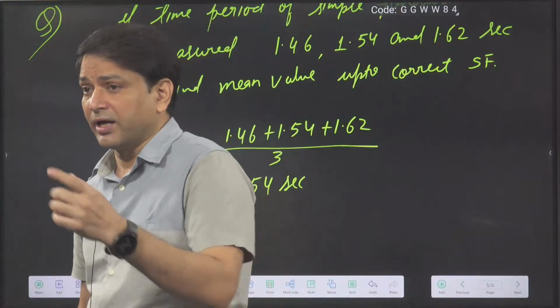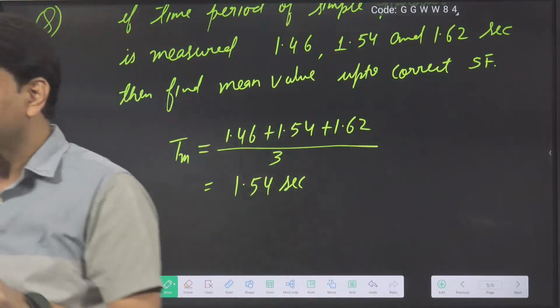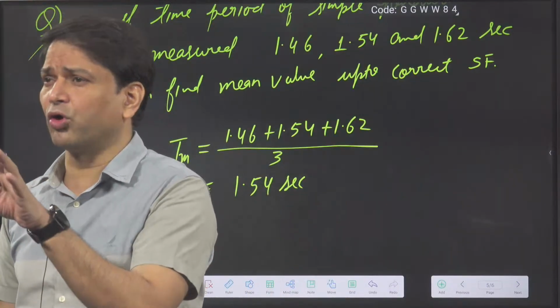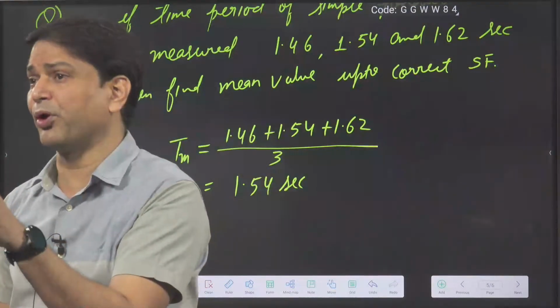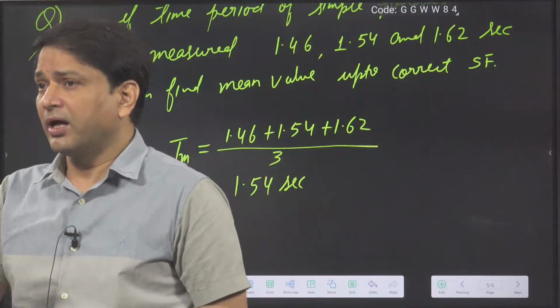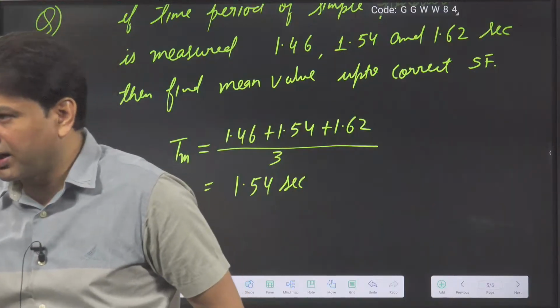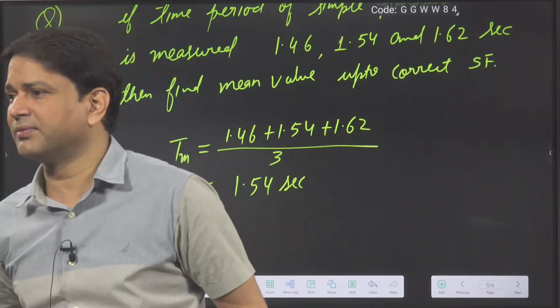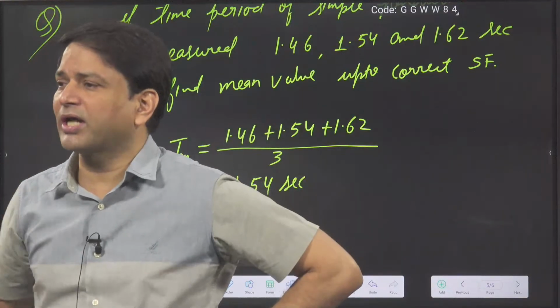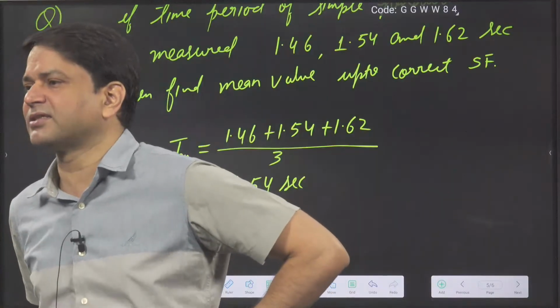If you see this data, 1.46, 1.54, 1.62 are there. The decimal first place is certain in the measurement, in all the measurements I gave.